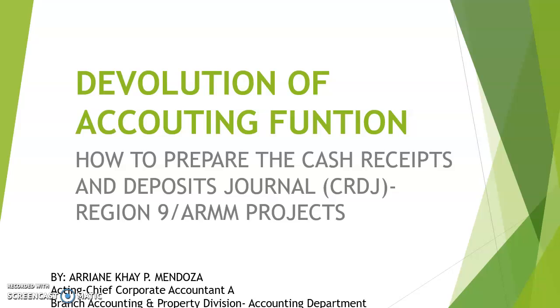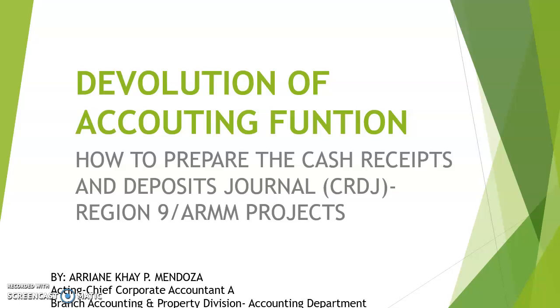So, ginawa to for us to ma-process natin ng mabilis at makapag-submit tayo sa DOF on time, since the documents are already available kasi nandyan naman sa inyo yung nanggagaling. Hopefully, mapapabilis yung pag-generate natin ng reports na isasubmit natin sa DOF.